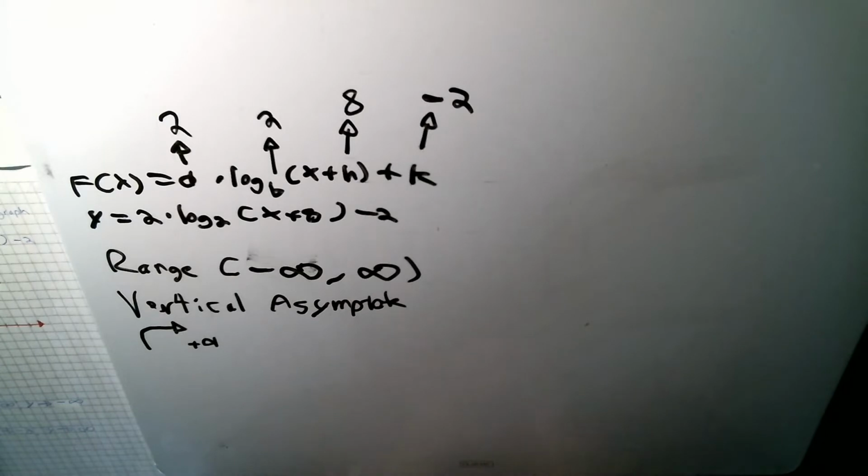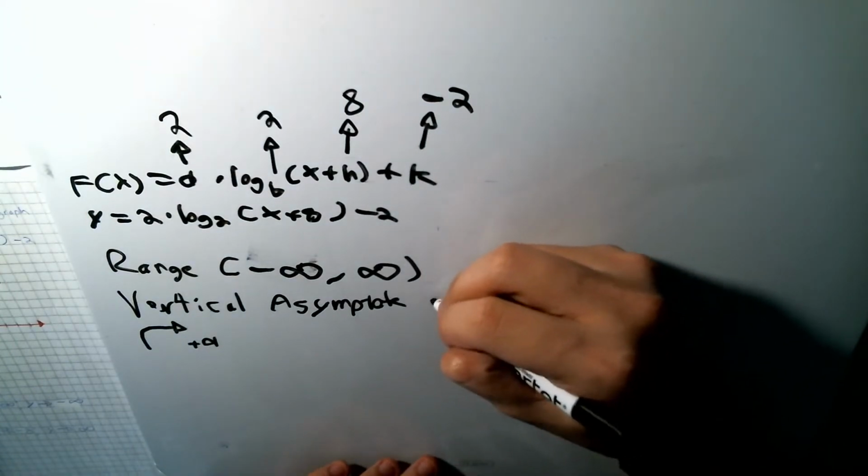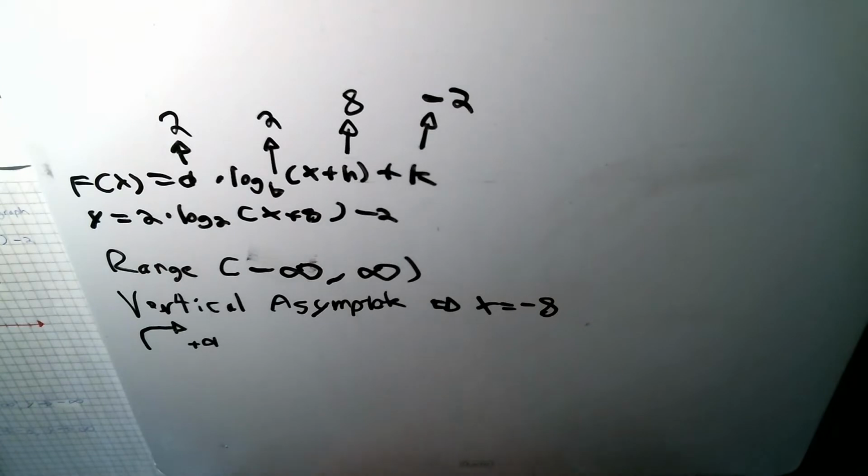So the vertical asymptote will be x equals minus 8. So there we go, we have more information, and with that we can get further information.